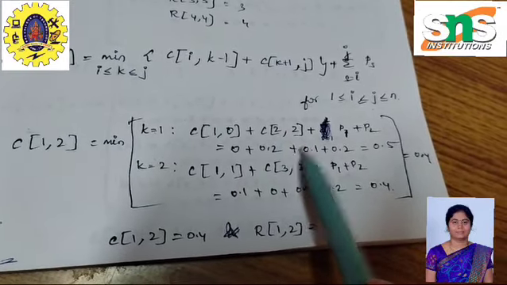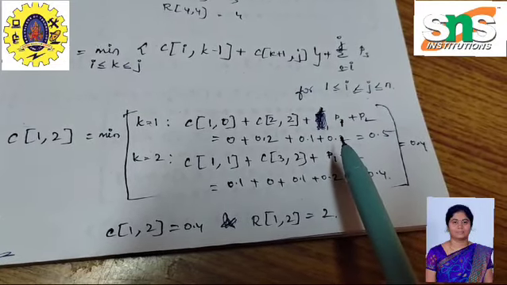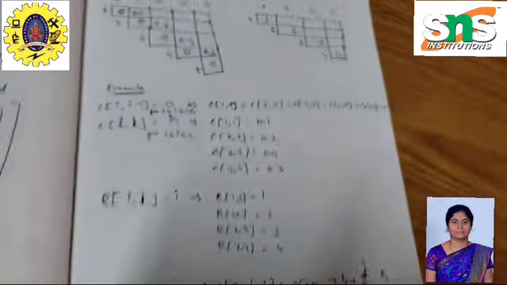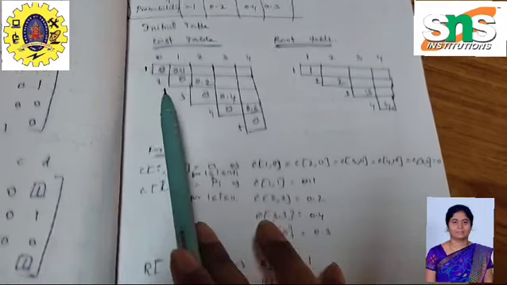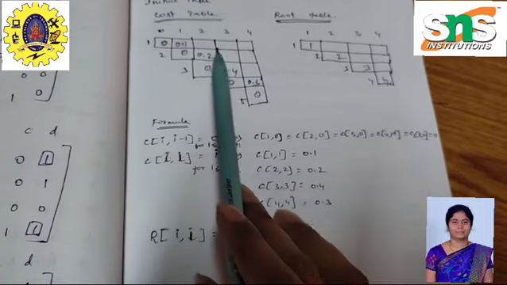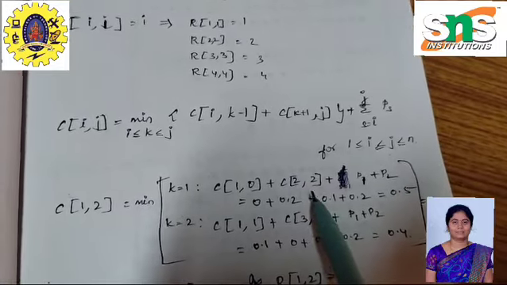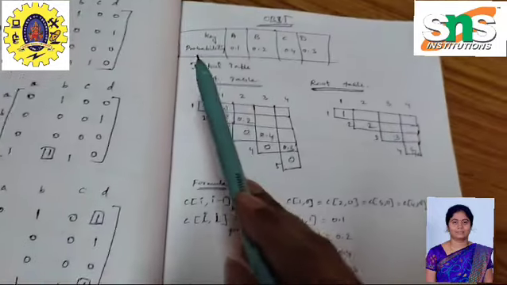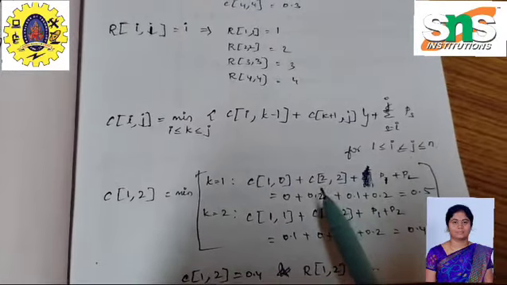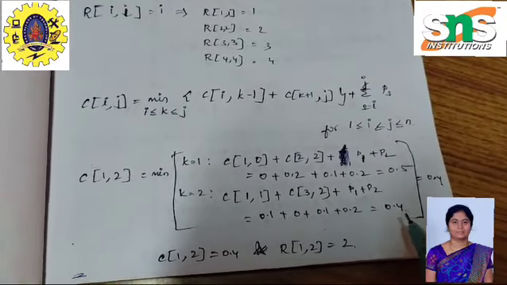And here the probability is i to j, so the i value is 1 and the j value is 2, so p1 plus p2. So here 1 comma 0, in this table 1 comma 0 is 0, so we substitute 0 here, plus 2 comma 2, which is 0.2, so we substitute it here. The p1 value is 0.1 and the p2 value is 0.2, we substitute them here. We add, and we have got 0.5 here, and here we got 0.4.